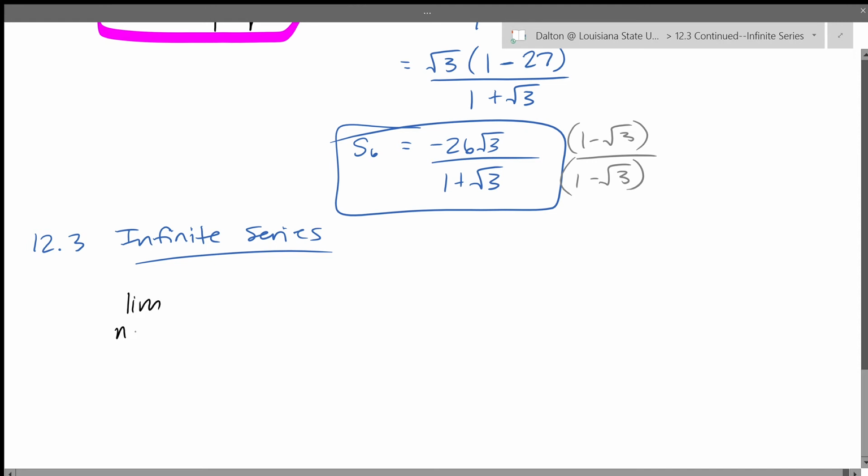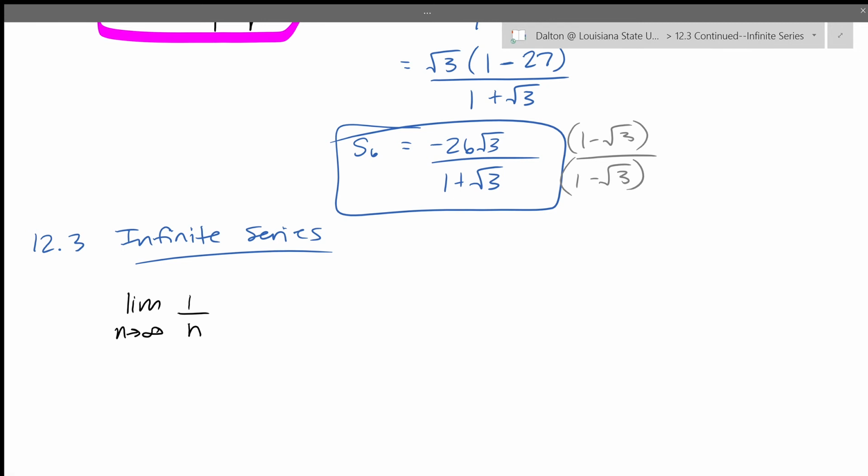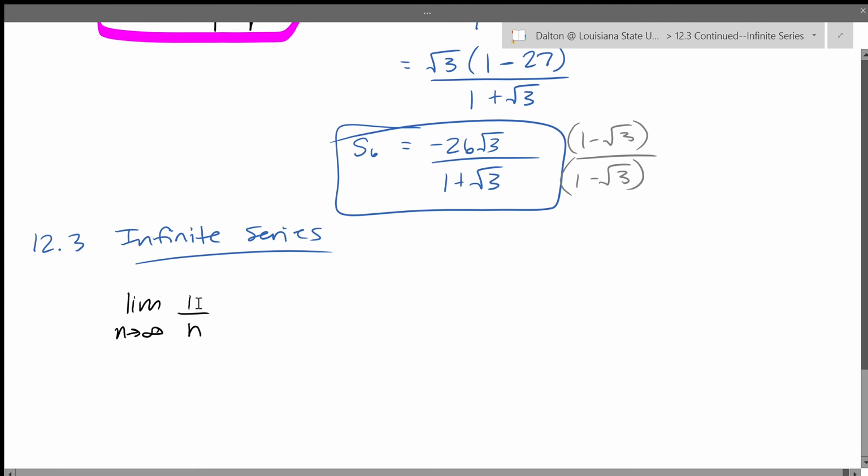We knew the limit of 1 over n as n approaches infinity. As n gets bigger and bigger, we start with 1 over 1, 1/2, 1/3, 1/4, 1/5, 1/6. As n gets bigger, we're dividing 1 by a really, really big number. The limit of 1 over n would be 0.